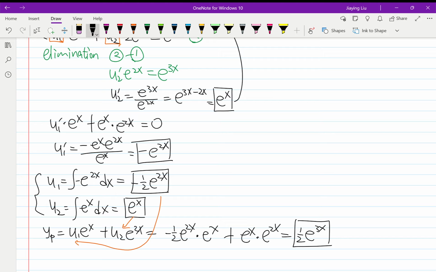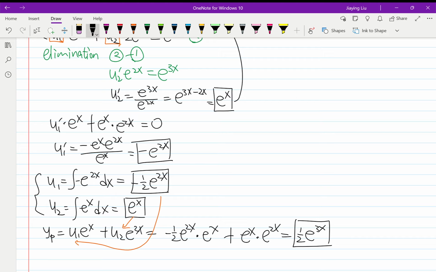So when we integrate the u, why do we not have a C? We don't add a C because even if we have a C for this part, let's say plus C1 plus C2 for the other, then when we multiply u1 with e to the x, we just end up with this extra term, C1 e to the x, which will be absorbed into the homogeneous solution at the end, which already has a C1 e to the x.